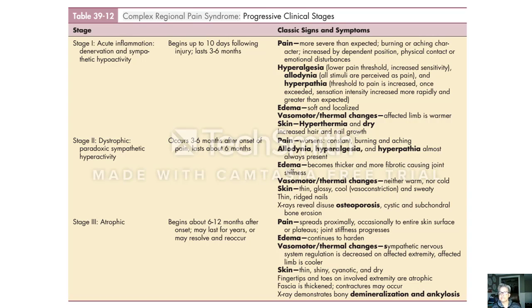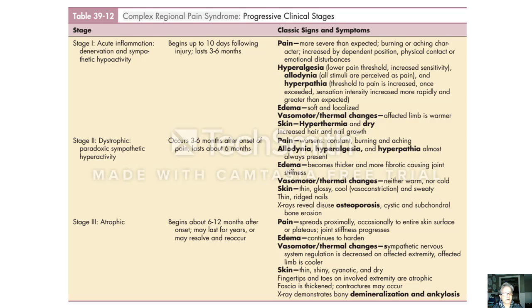You're going to have pain, more severe than expected, burning or aching character, increased by dependent position, physical contact, and emotional disturbances. Hyperalgesia, allodynia, hyperpathia, edema, vasomotor thermal changes, skin hypothermia and dry, increased hair and nail growth.